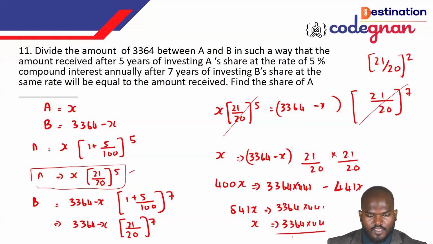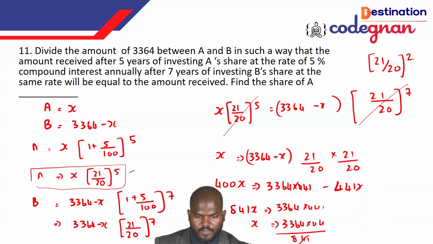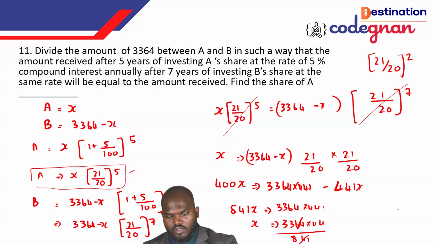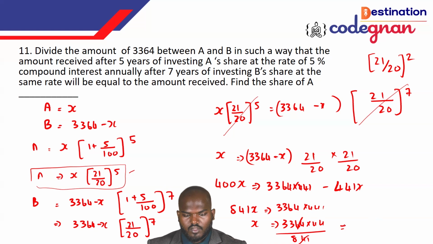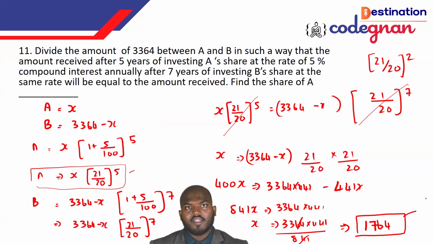So X is 3364 times 441 divided by 841, and resolving everything, the value you will get is 1764. This is the final answer.